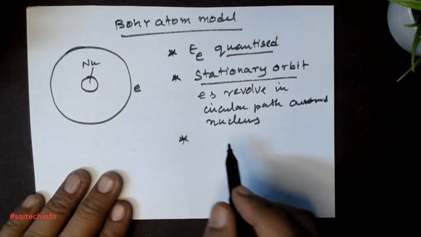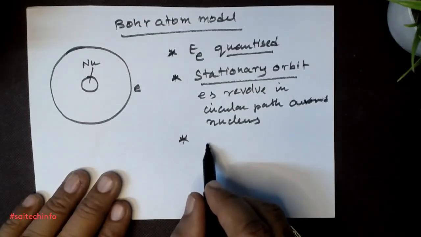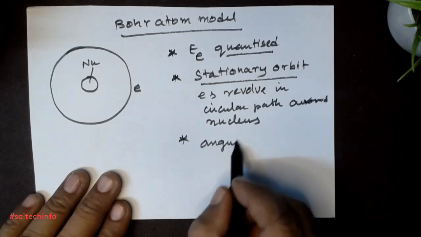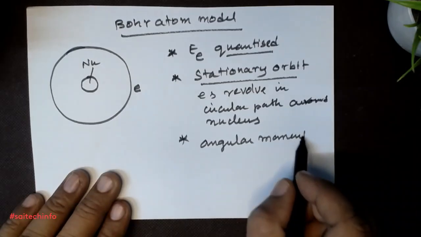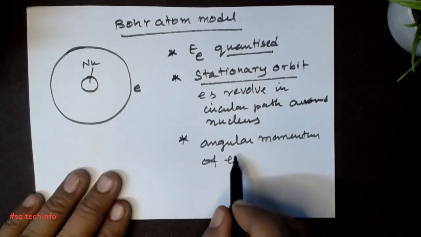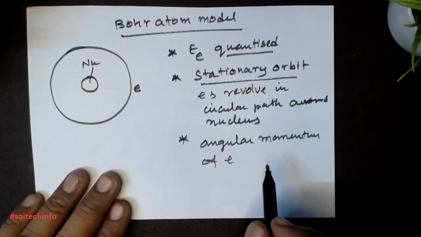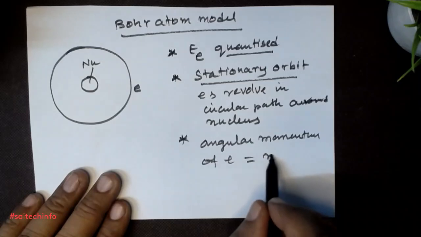That is, mvr, that is the angular momentum. The angular momentum of the electron is equal to mvr.